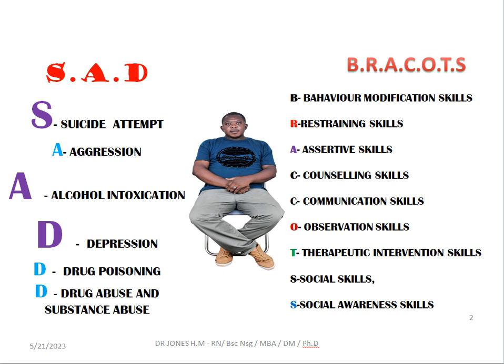Then BLACK COAT summarizes the skills and therapies that can be applied in mental health. Of course, there are also other therapies like milieu therapy, that is modification of the patient environment. We have Gestalt therapy that can be applied when you're nursing a patient with mental illness.